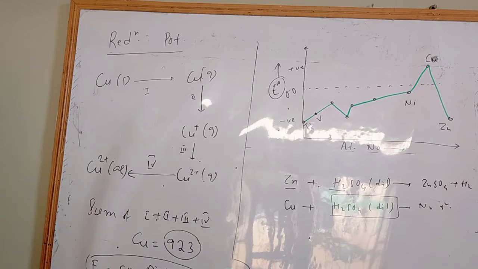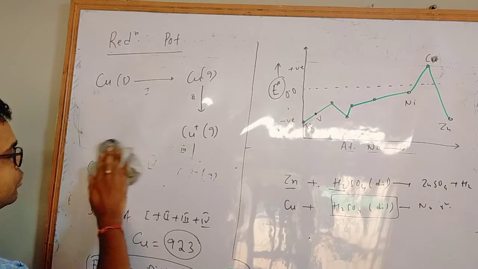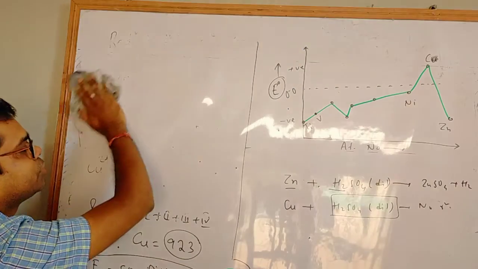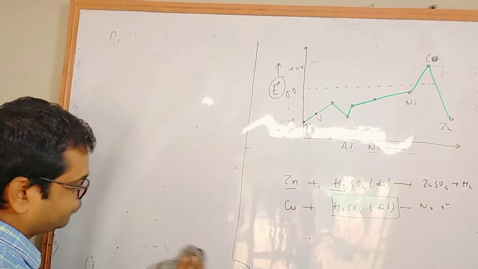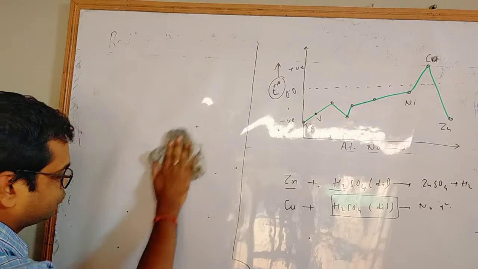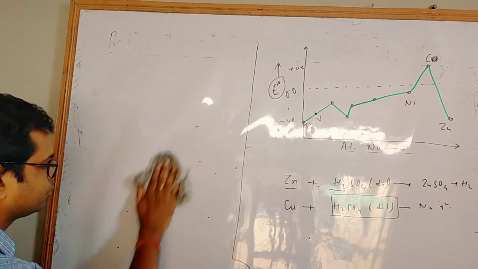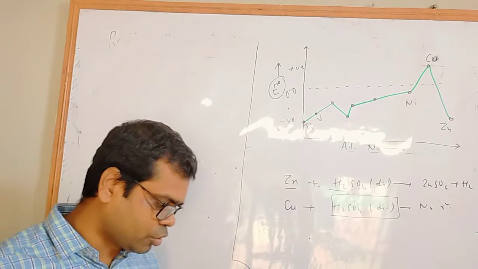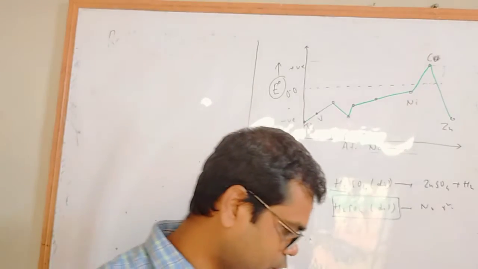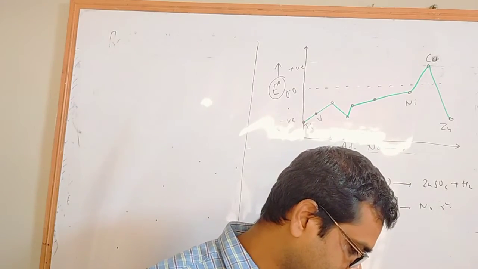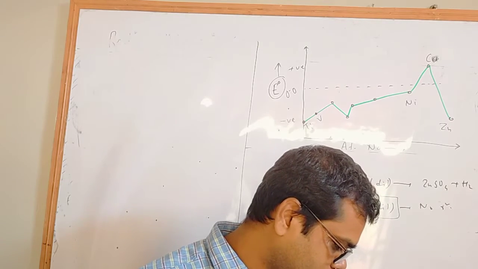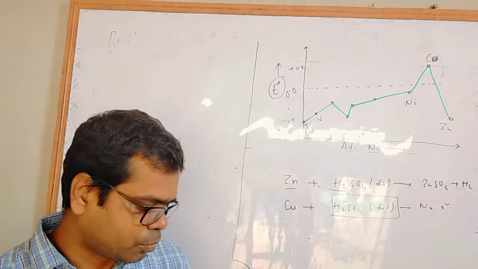Now I am taking another point. One question is why copper dipositive is more stable than copper monopositive, or why copper monopositive undergoes a disproportionation reaction.